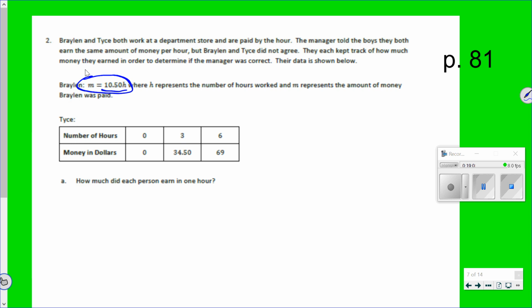Everyone should be writing it. A number by a letter means to multiply. Number by a letter, multiply. Yes. Good example. Write it. So just add that on your notes right there, guys.